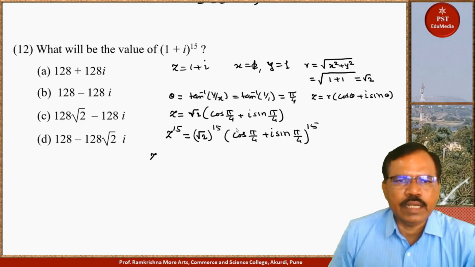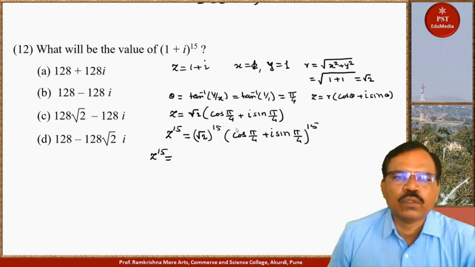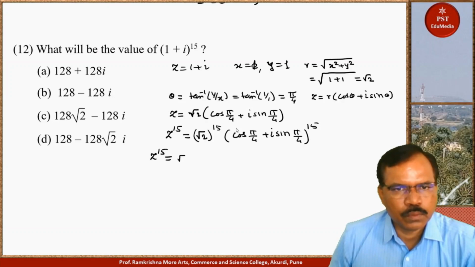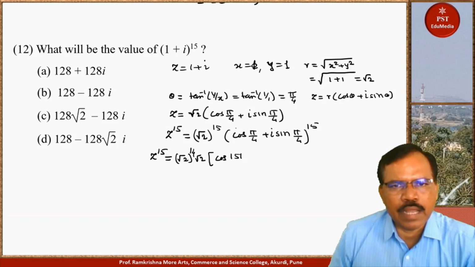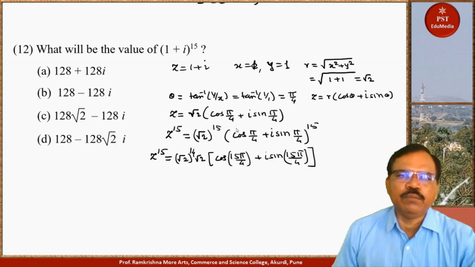So here z raised to 15 is equal to, now I can write this as root 2 raised to 14 into root 2, this first term. And here cos 15 pi by 4 plus i sin 15 pi by 4, using de Moivre's theorem.